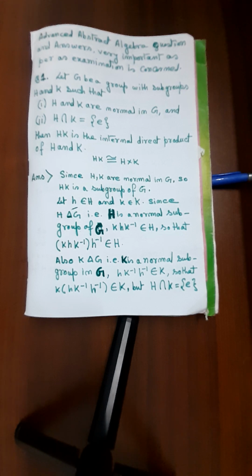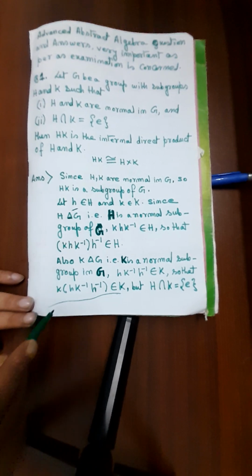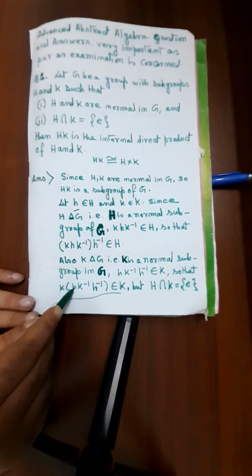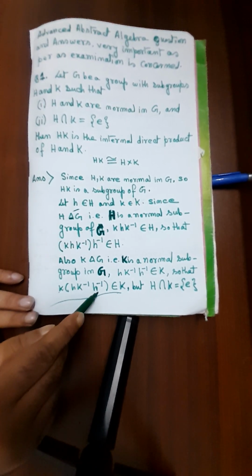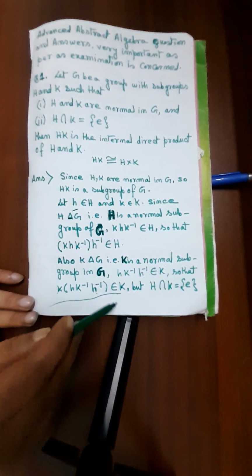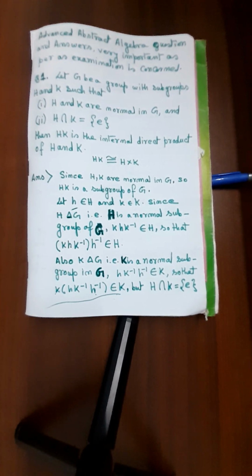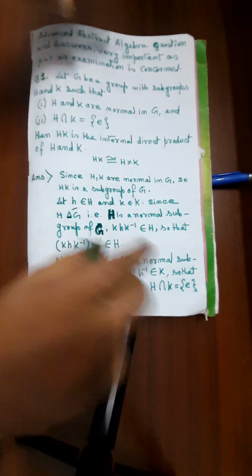So that can be written like this. We can take k outside, then h k inverse h inverse belongs to K. Now it is given that H intersection K is the identity element.